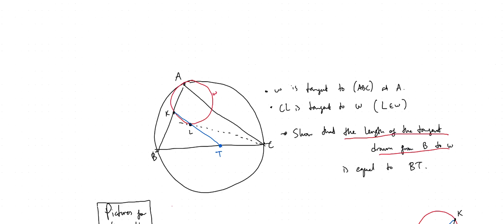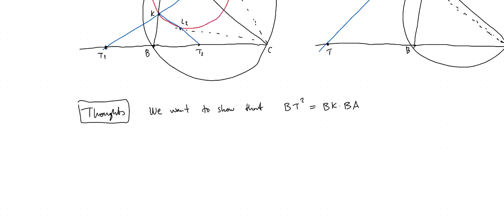So we need to find a good triangle in which we see the length BT, which means two of the vertices of the triangle will be B and T. What can be the third vertex? We should think about the third vertex and look at that triangle and try to do angle chasing with those triangles to ultimately end up with something that we want. We can try to formulate this in terms of triangle similarity first, okay?